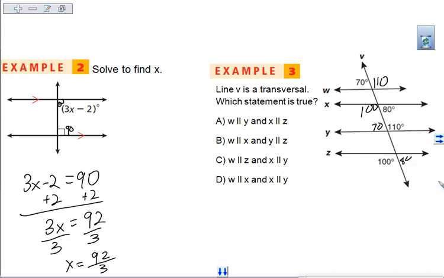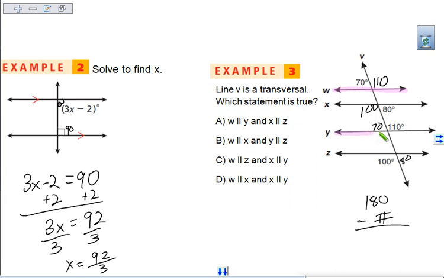What's 180 minus 100? 80. Okay, so on all of those, I subtract the number from 180 and get what goes in each of those angles. Then we match up which ones are the same. So, do we have anything else that is 70 and 110?